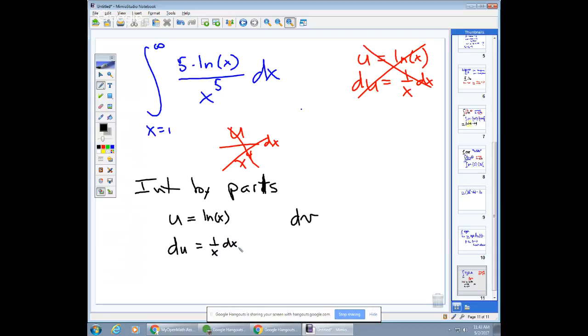Okay, we could pull the 5 out. Yeah, let's just pull the 5 out, not worry about that. So then that means dv has to be x to the negative 5th, or 1 over x to the 5th dx. And so that means v would be what? Negative 1/4, sorry, wrong direction. X to the negative 4th.